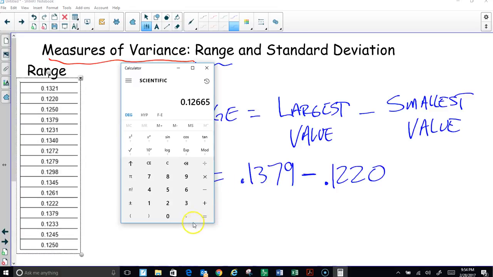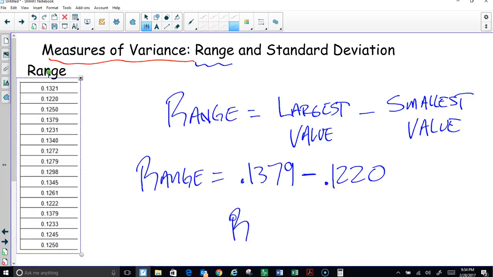That means 0.1379 minus 0.1220 equals. Range is 0.0159. That was the easy one.